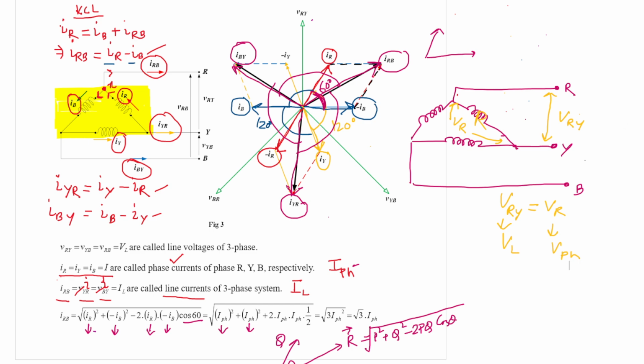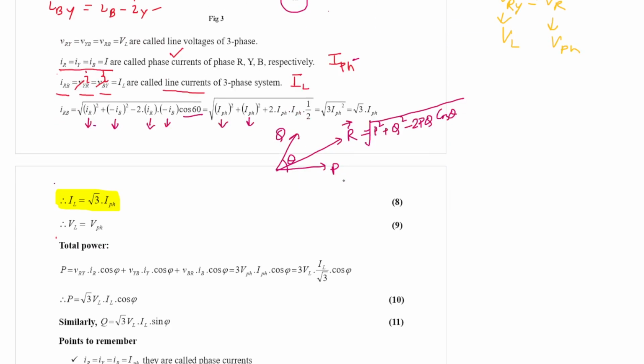So that is the reason we get this relation: line voltage is equal to phase voltage for a delta connected network. So if you compare these two networks, one is the star connected network and another one is the delta connected network.